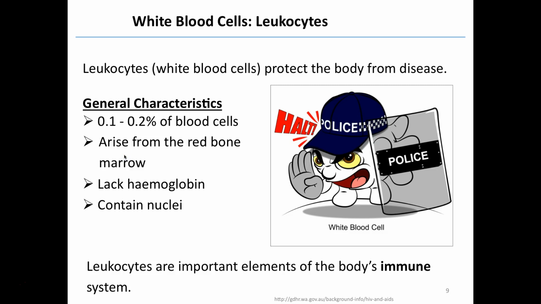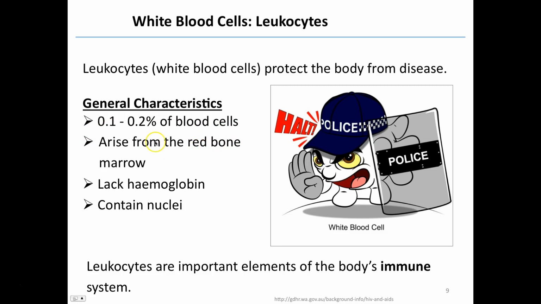So that concludes our discussion on the red blood cells. The next one that we saw previously was the leukocytes, the white blood cells, and they help to protect the body from disease. The white blood cells arise from the bone marrow, as do red blood cells, so they arise from the same location.